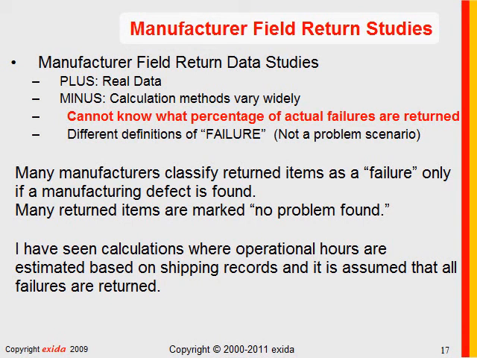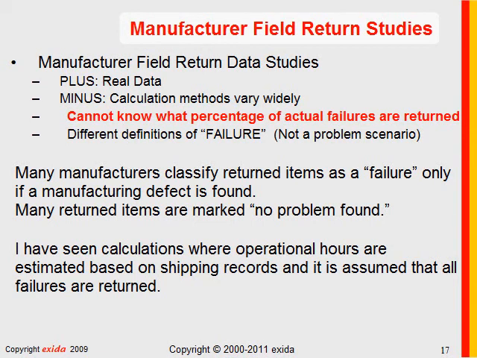You cannot know what percentage of actual failures are returned unless all maintenance is done under contract. And to determine this number at Exeter, we've done a number of surveys of end users, and we've discovered the number varies between, for example, 10 and 70%.